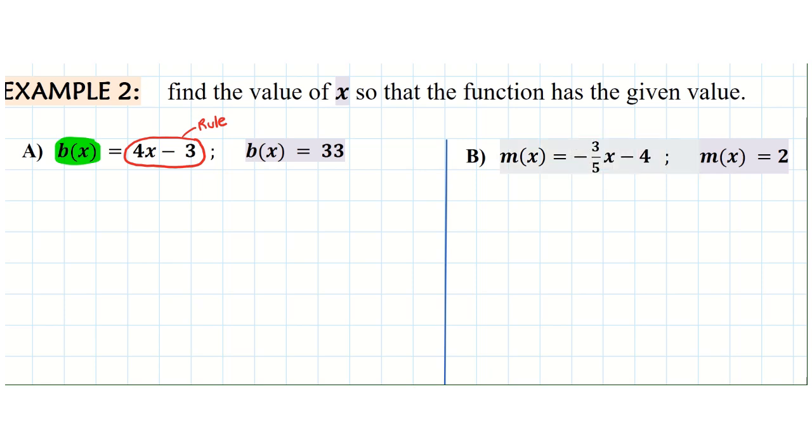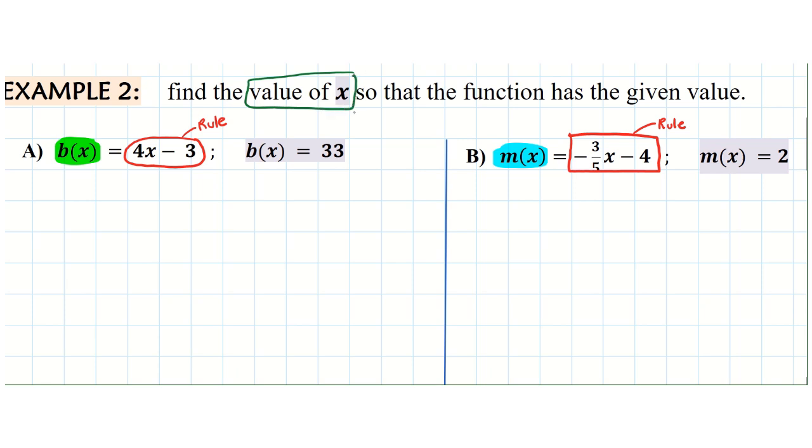In this case, my rule is 4x minus 3. And on the other one, my rule is negative 3 over 5x minus 4. So we have this certain rule for those two different functions.